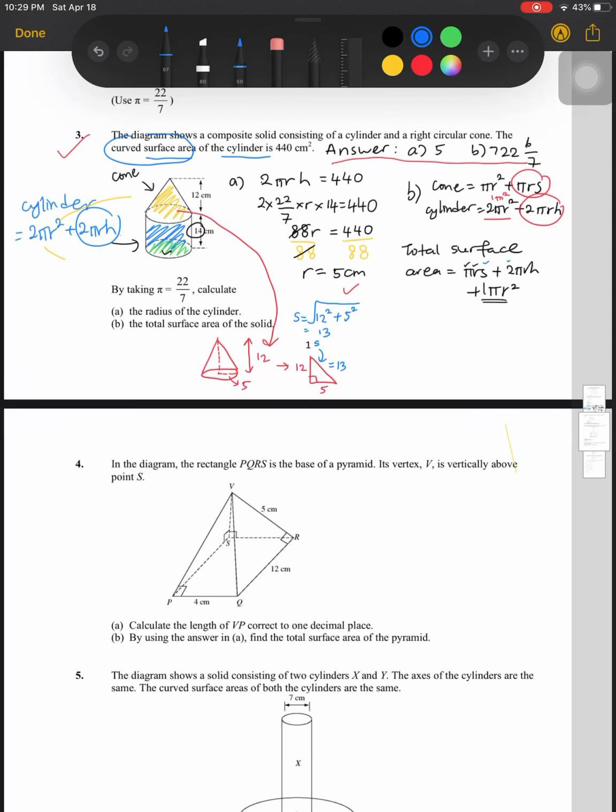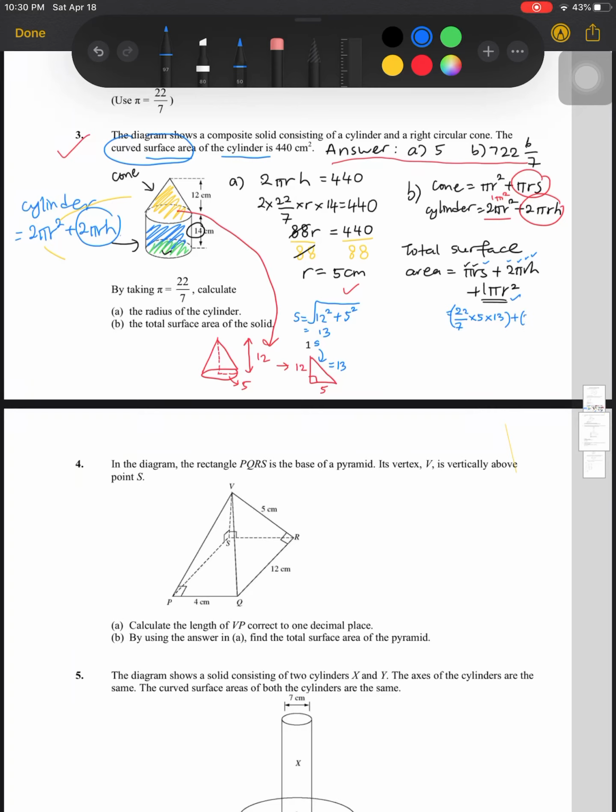Now we have everything, and we just need to put everything inside the formula. So 22/7 times r, the radius, is 5, and the slant height is 13. Make a bracket so that you make sure you get the right answer.